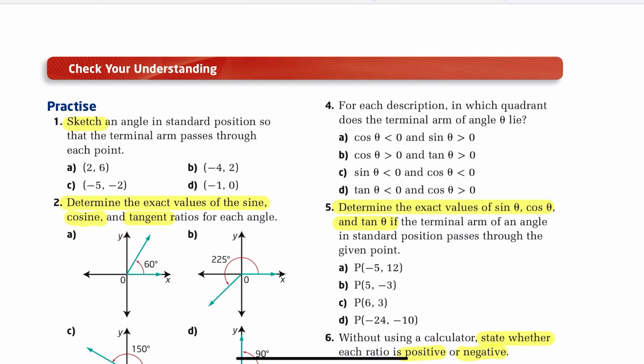For this one it is 225. The first thing you need to do is find the reference angle. The reference angle is what? It is 225 minus 180, and it will give you the reference angle, and use the triangle. Let me do this in the calculator. 225 minus 180 gives you 45.